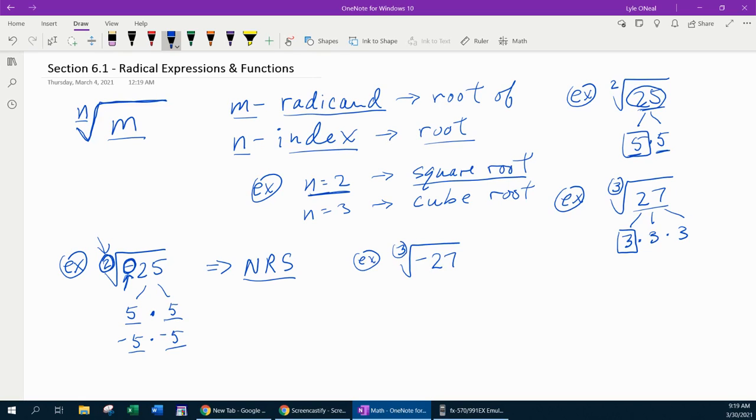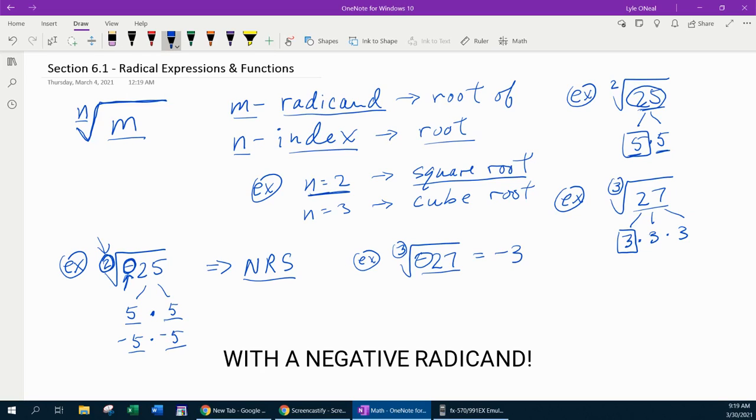If the index is odd, for example I need 3 identical factors that multiply to make negative 27, that's going to be negative 3 times negative 3 times negative 3, because a negative times a negative makes a positive, and then a positive times a negative makes a negative. So odd indexes will produce real number solutions.